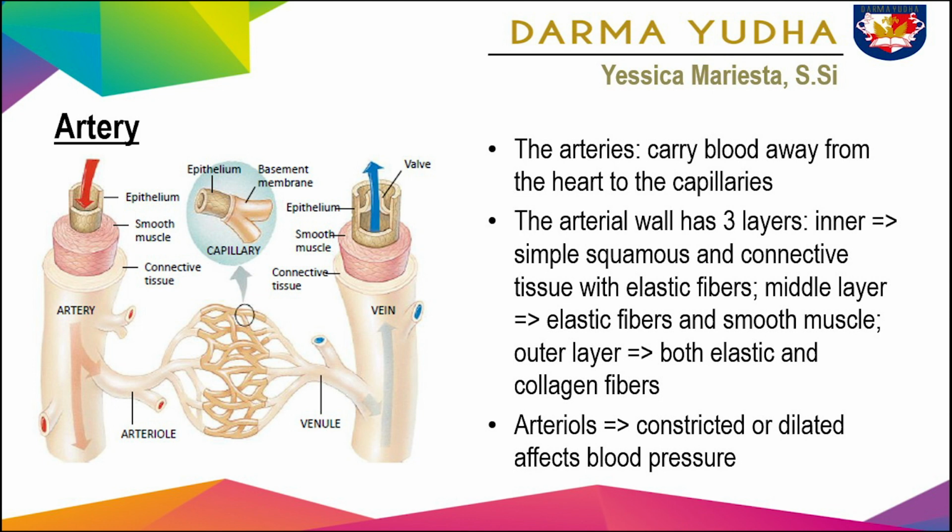As arteries reach the tissue to which they are transporting blood, they branch into smaller and smaller vessels called the arterioles. The walls of the arterioles are similar to those of the arteries, but they have a greater proportion of smooth muscle. These muscles can contract, narrowing the diameter of the arteriole and so reducing the blood flow.